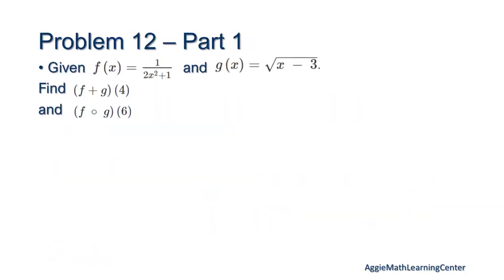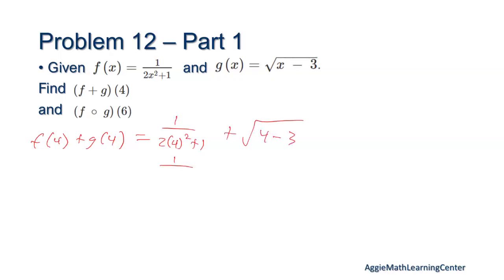So here is a part. Problem 12, part 1. If you have f of x equals 1 over 2x squared plus 1, and g of x equals the square root of x minus 3, find f plus g of 4. So that's the same as f of 4 plus g of 4. And f of 4 is 1 over 2 times 4 squared plus 1, and g of 4 is the square root of 4 minus 3.